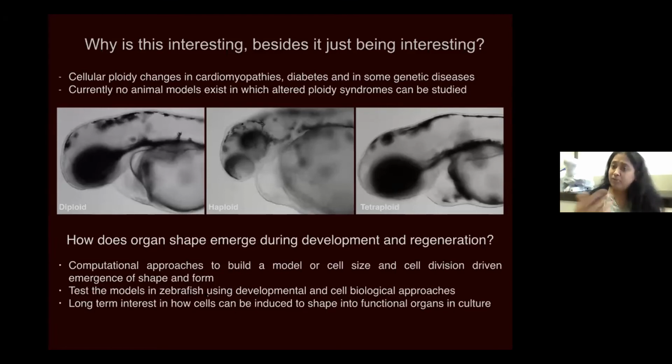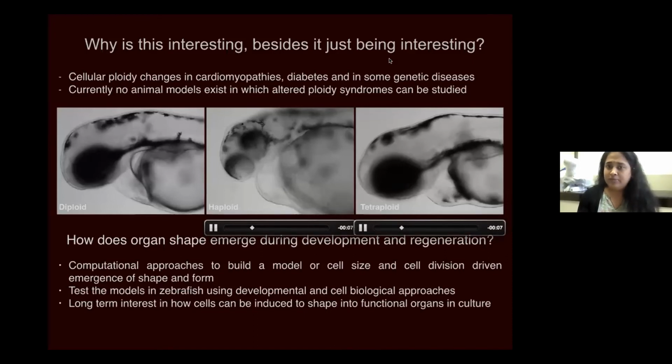And then some of those models can be tested in zebrafish, because we have established this model which is testable for predictions. I think I'm nearing the end of my presentation.